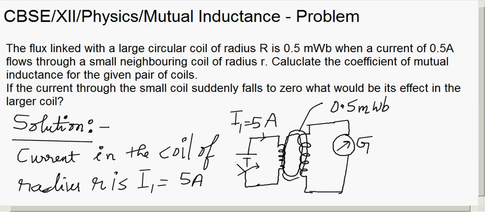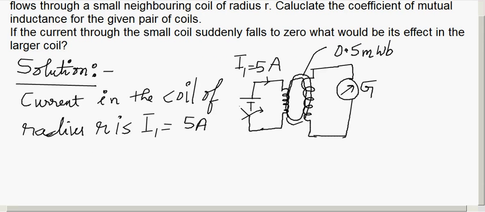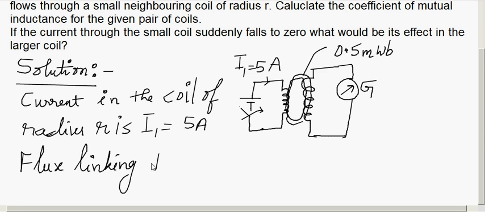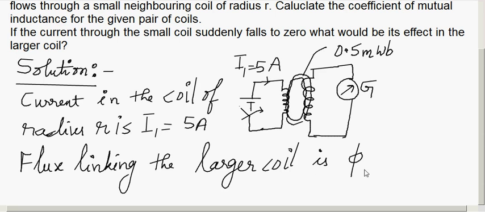Now the flux linking the larger coil, as given, is phi 2 equal to 0.5 milliweber.